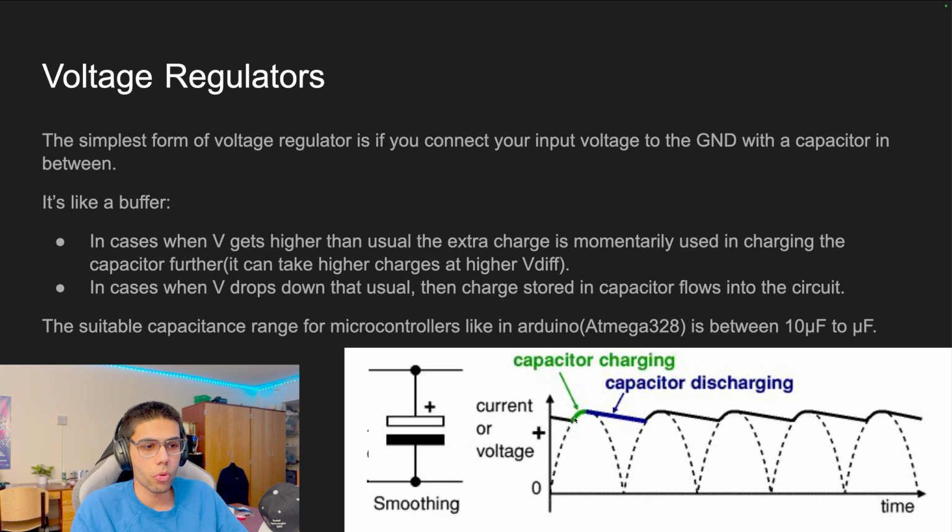As soon as your voltage is increasing, your capacitor will charge. It will pull charge onto itself. And as soon as your voltage starts to decrease, the charge on the capacitor runs into the circuit and stops the current from dropping too much. So this smoothens out the voltage input over time.